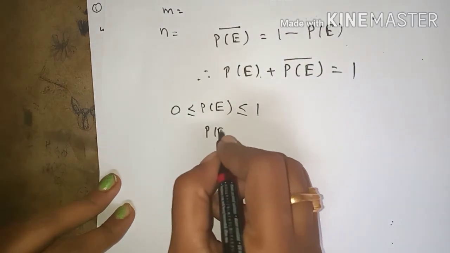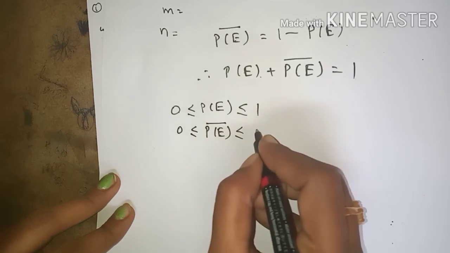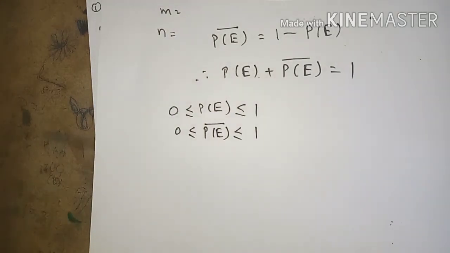In the same way, probability of non-happening or failure always lies between 0 and 1. That means whatever the problem in probability, you will get answers between 0 and 1. You won't get any other type of answer.